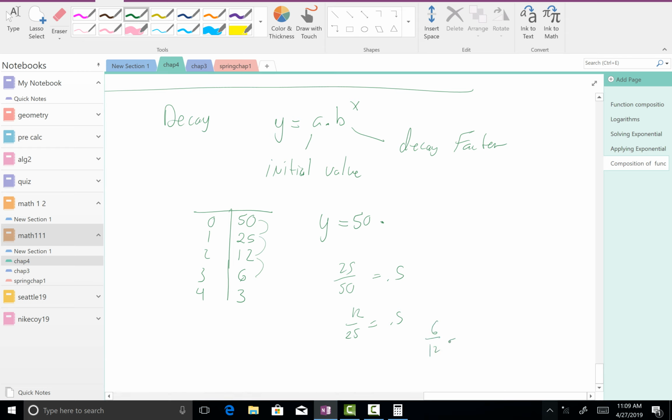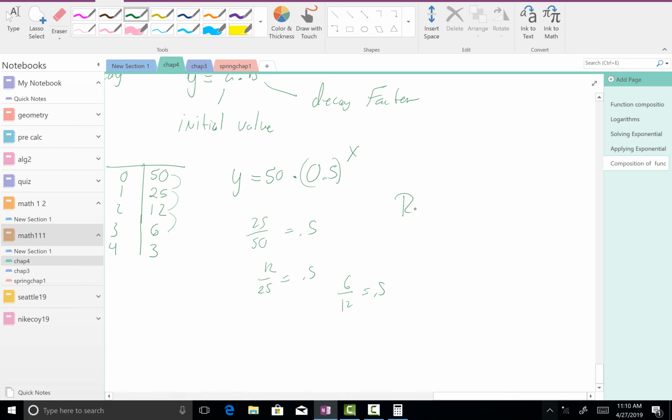So 0.5 is the decay factor. To find the decay rate, or rate of decay, we would take 50 minus 25 and divide it by 50. Notice that in this case, it's the same thing.